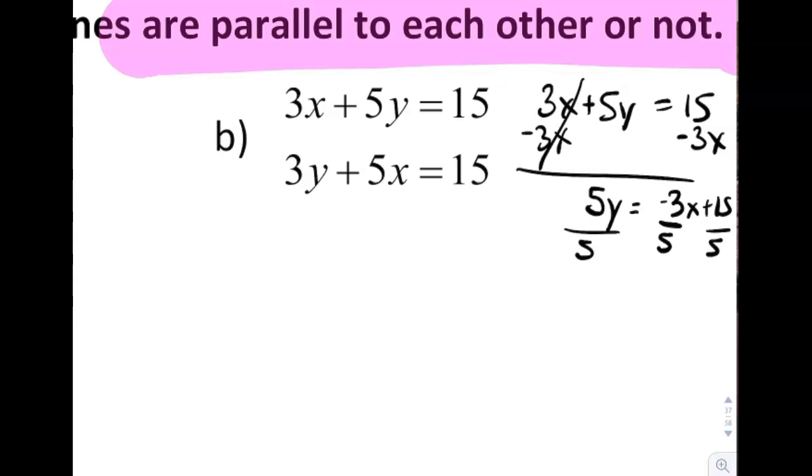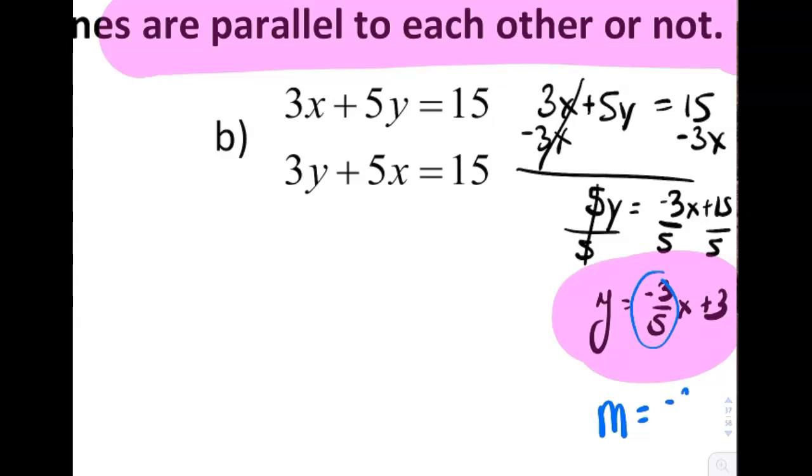Now you have to go through and divide by 5. And when I do that, I have it in y equals mx plus b form. So my slope of this line is right here. The slope is negative 3/5.